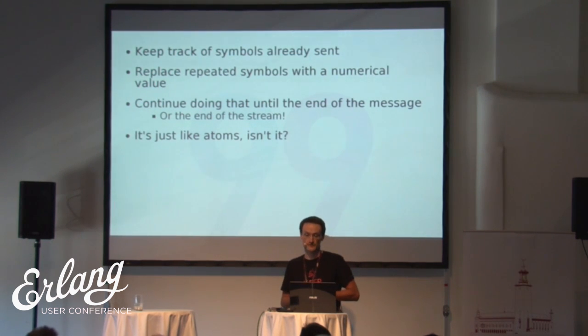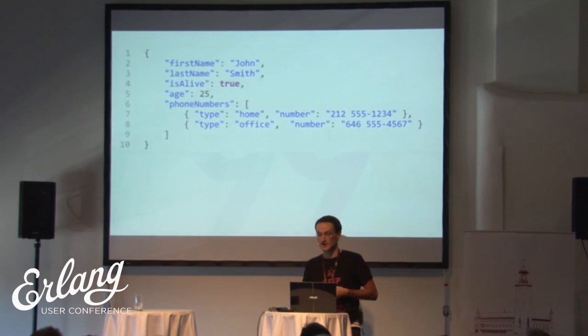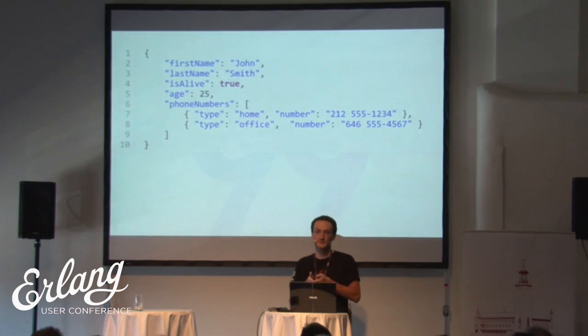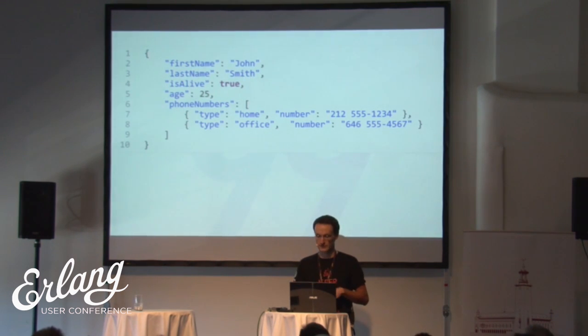Because we are going to send many keys the same over and over. And this is even more true if we are streaming. If, for example, I have a stream for a chat service, it's always going to be chat message from, date, and so on. So why repeat this over and over?